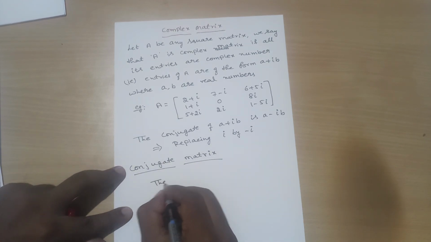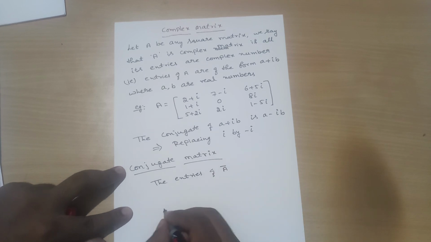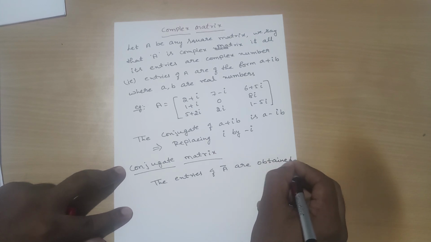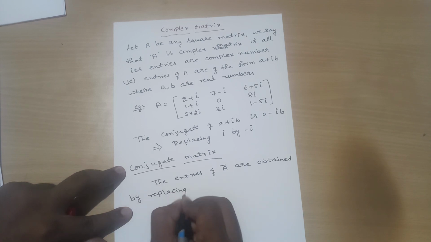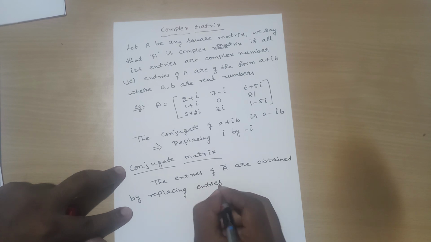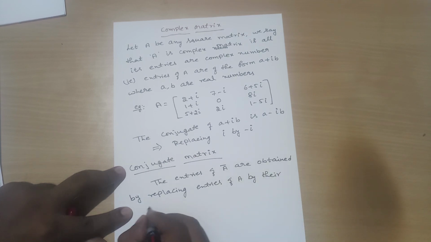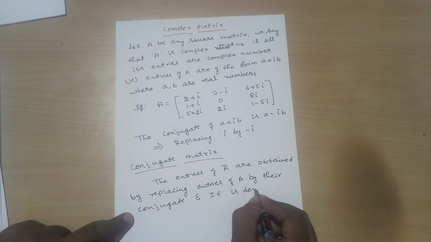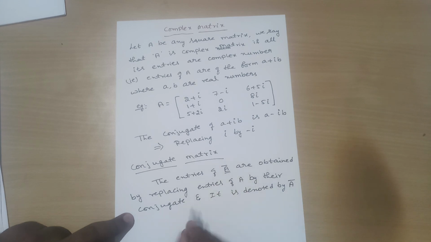Here the entries of A conjugate are obtained by replacing entries of matrix A by their conjugate, and it is denoted by A conjugate, like this symbol they will use.